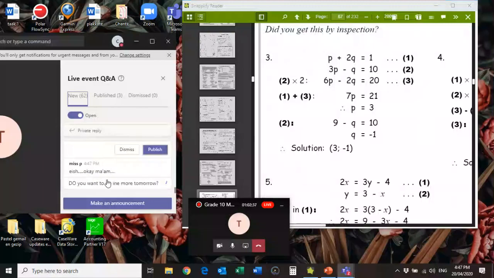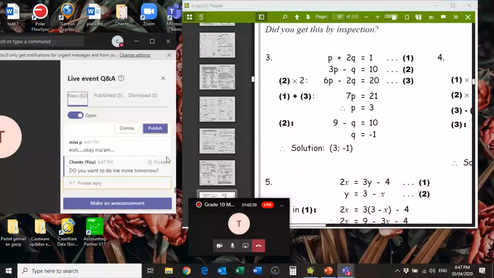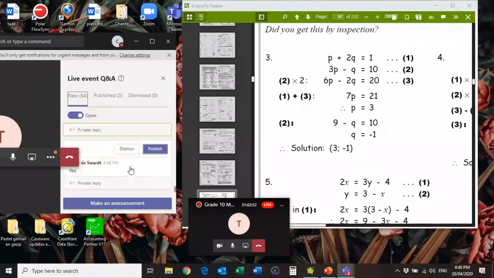What do you guys feel? Do you want to do another one tomorrow before we continue with factorization? Then we quickly look at 4 for 10 minutes and then we move on to factorization. How about that? Anka says yes, please. Miss P says yes.